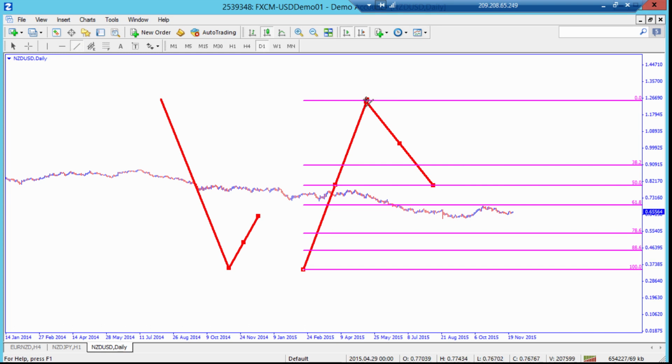Anything past 50%, which is a 618, or lower to a 786, even an 886, is called a deeper trend, a weaker trend. So 50% marks the halfway point with Fibonacci to determine the retracement.